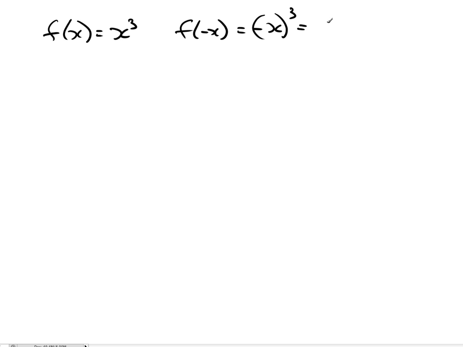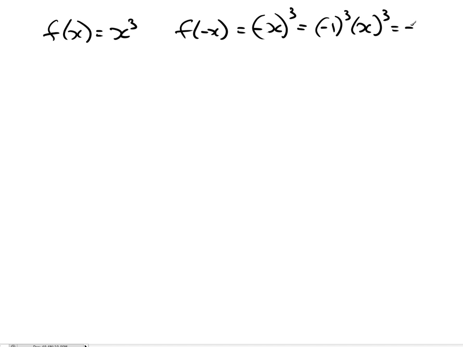Now, a quick example of an odd function, f of x equals x cubed. Well, f of negative x equals negative x cubed, which is negative 1 cubed times x cubed.